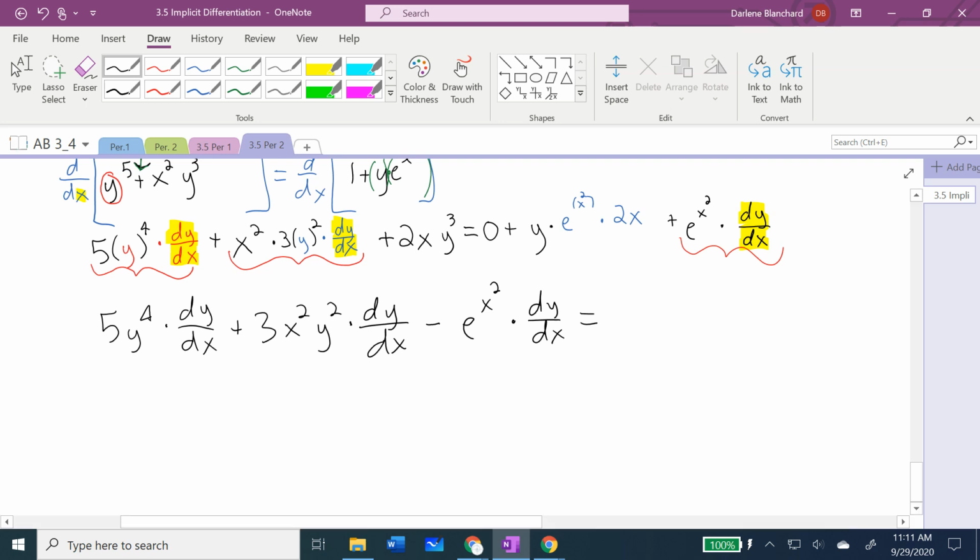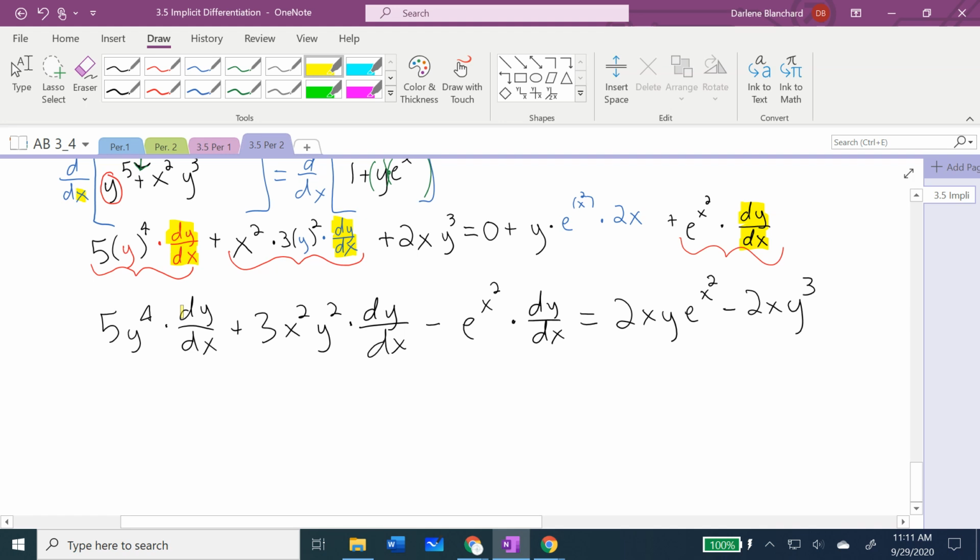This one is already there. So rewriting this, I'm going to write it as 2x times y times e to the x squared. And then I have this term, 2xy cubed, and I need to subtract that over to the right.